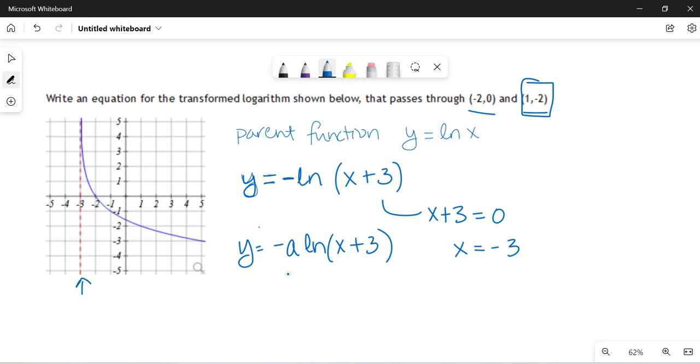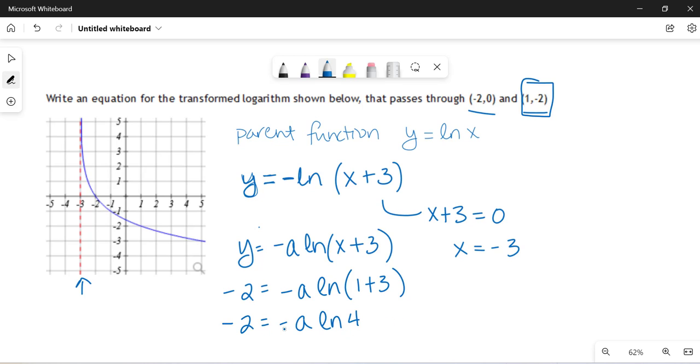Okay, so negative 2 is our y, equals negative a natural log of 1 plus 3. So 1 plus 3 is, of course, 4. So negative 2 is equal to negative a times the natural log of 4. You can leave off the parentheses once you've got down to just a single term.